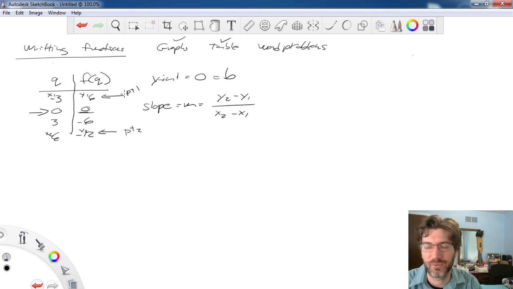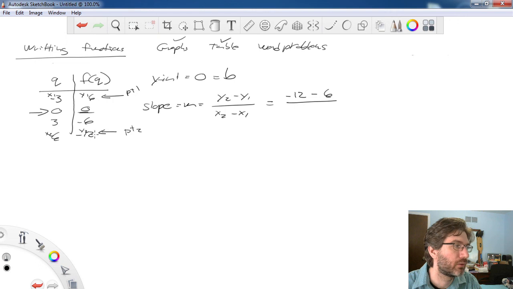You could have picked any points you wanted, as long as you know it's part of the line. So you had 4 options, pick 2 of them. Plug it in: y2 was negative 12 minus y1, which was positive 6, all over x2, which was a positive 6, minus x1, which was a negative 3.